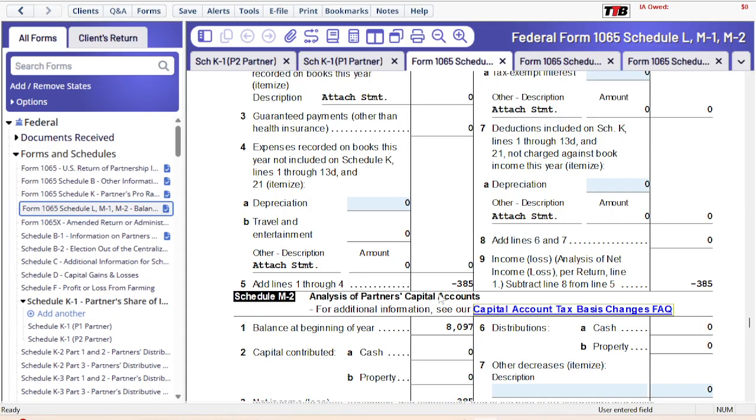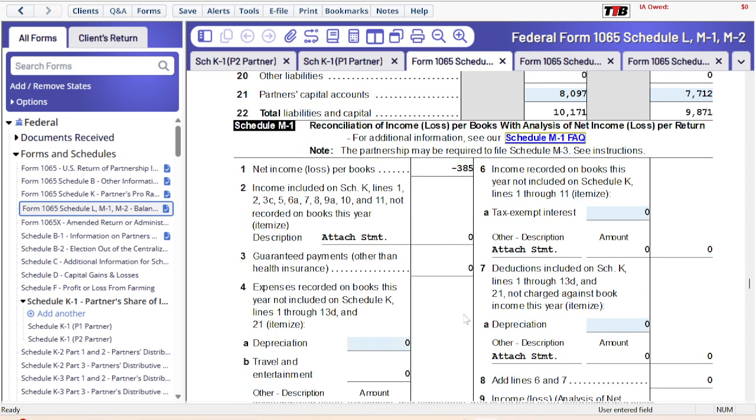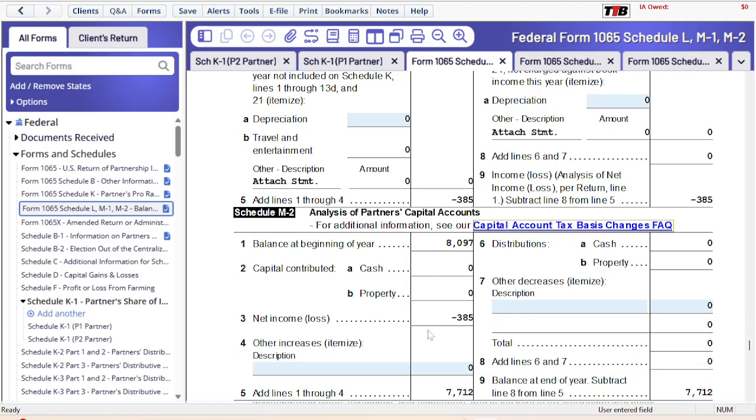Schedule M2 is pulling things from schedule L for us, it is pulling partners capital account. This is the analysis of partners capital account. Here it is taking capital contribution and retained earnings, putting the beginning of the year there, and capital contributed during the year.